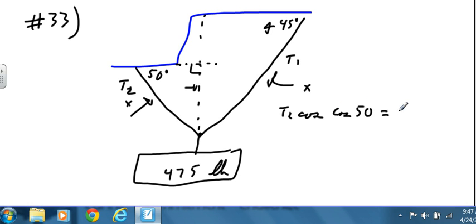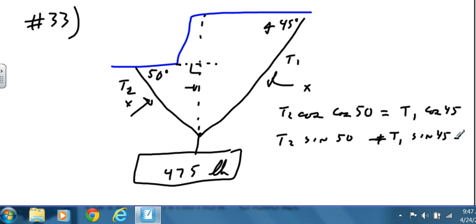And that has to equal tension 1 cosine 45. They have to be the same. And I know that tension 2 sine 50 plus tension 1 sine 45 has to equal 475.